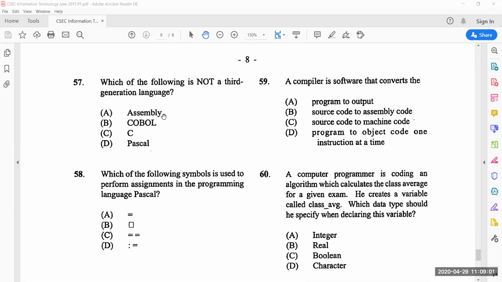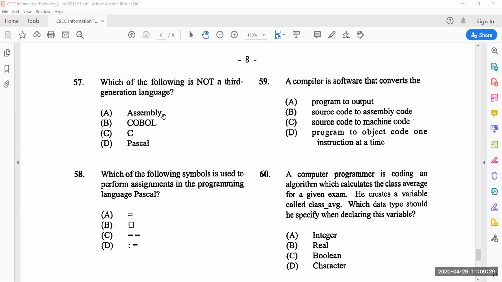Right, so yeah, which is not a third generation language? So we have assembly, COBOL, C, and Pascal. Out of these 4, COBOL, C, and Pascal are third generation languages. So the answer for 57 is E.